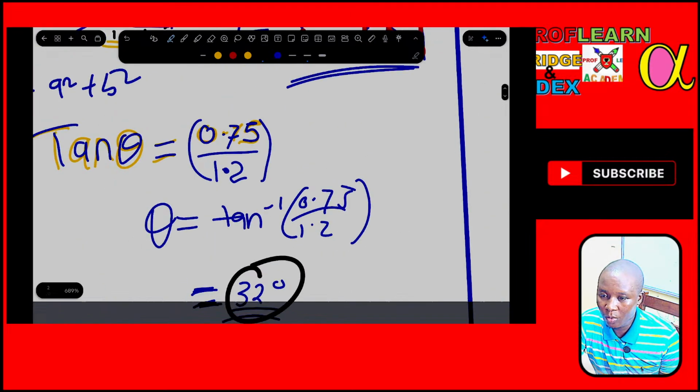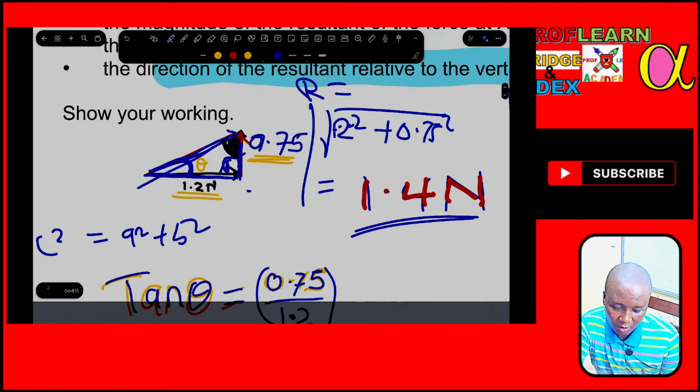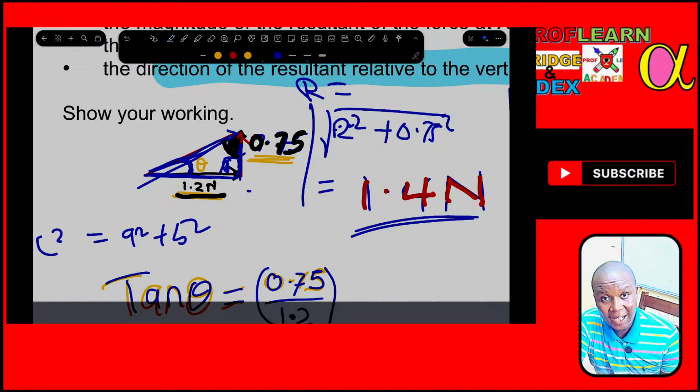But another way you could have done this is using this as opposite, 1.2, and 0.75 as adjacent.